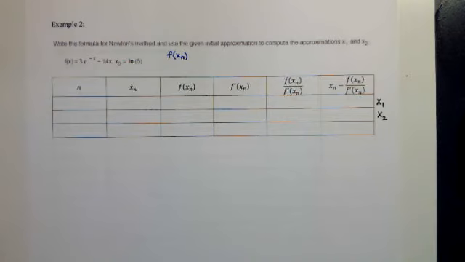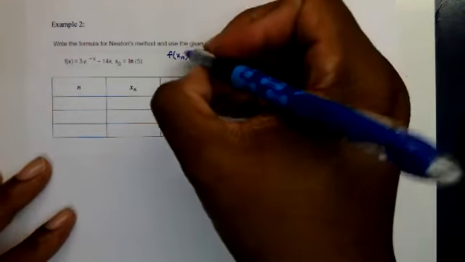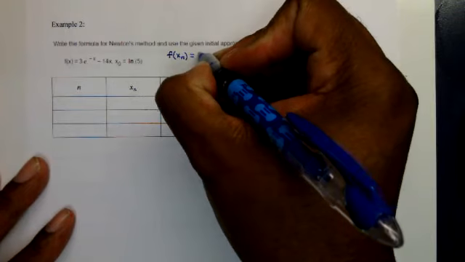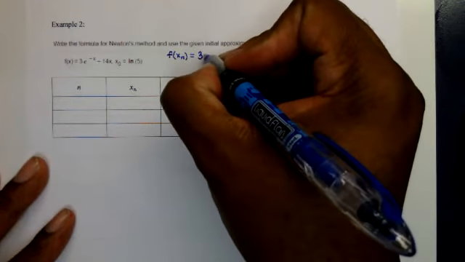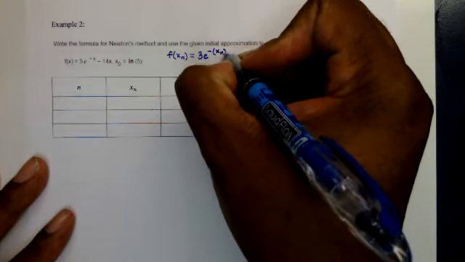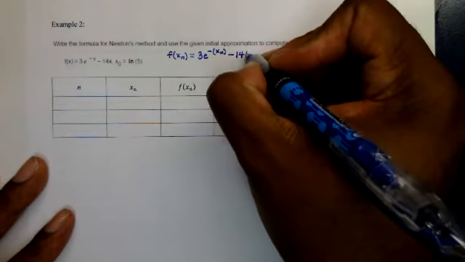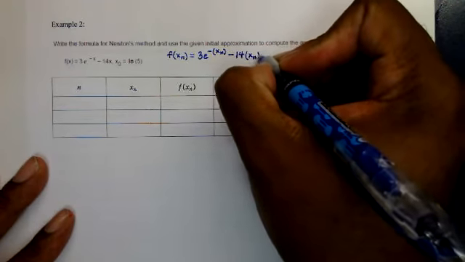So all I do there is substitute every x in f of x with x sub n. So this will be 3 e to the negative x sub n minus 14, and that x will be replaced with x sub n.